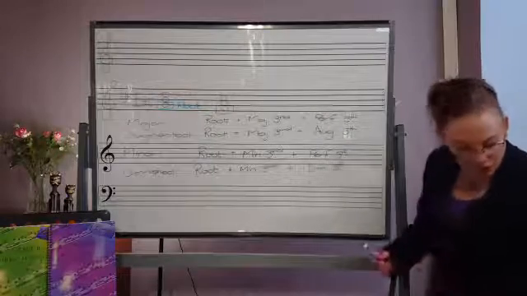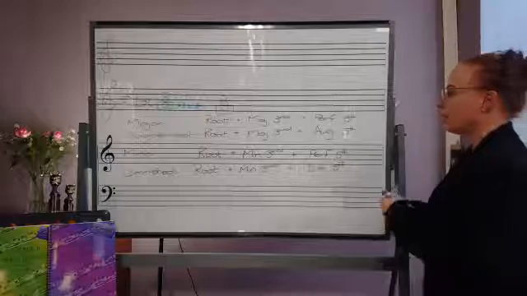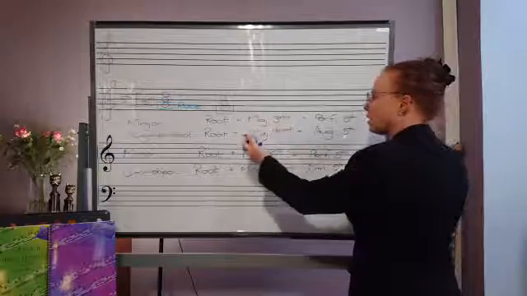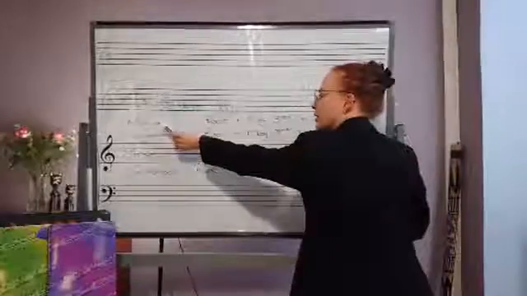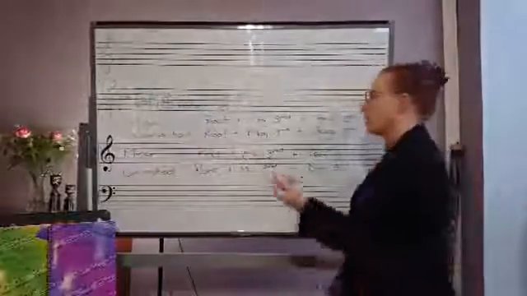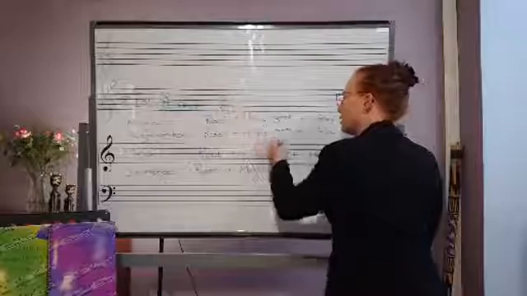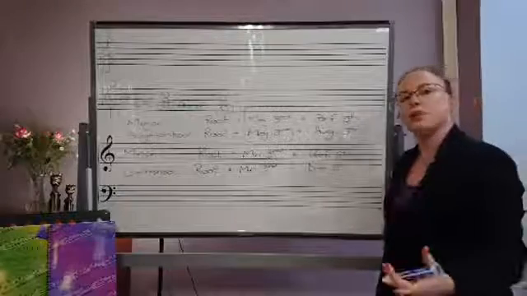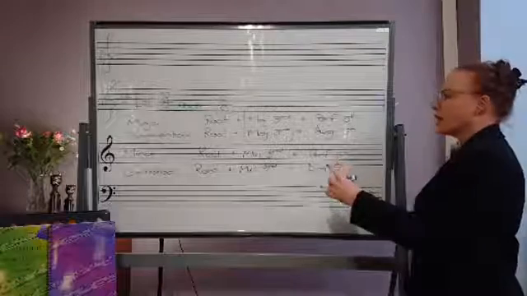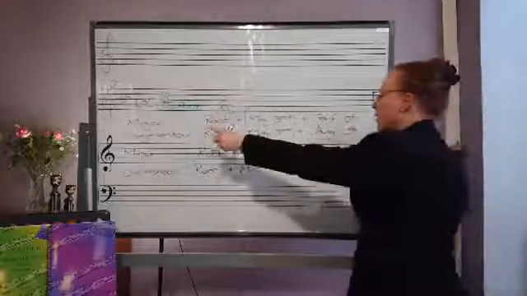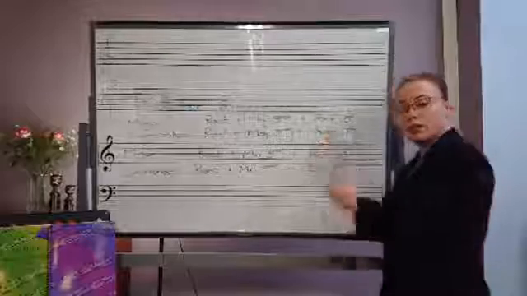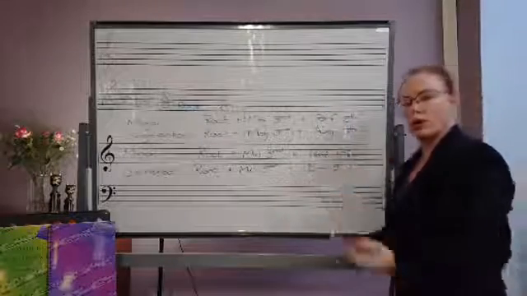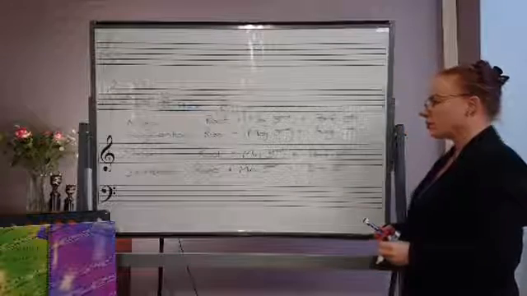So I don't know if you can see or just make this correlation, but there's something that the major and the augmented triad have in common, and that is basically the major third above the root. So this is just a simple way of remembering it, and then they're different in that with a major triad you have a perfect fifth above the root, and with an augmented triad you've got an augmented fifth above the root.